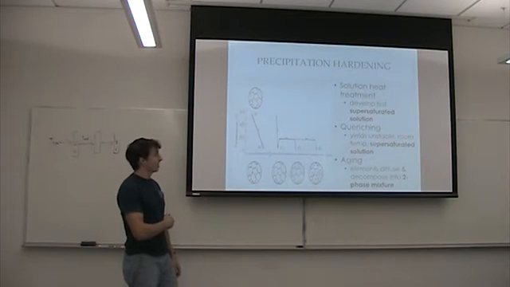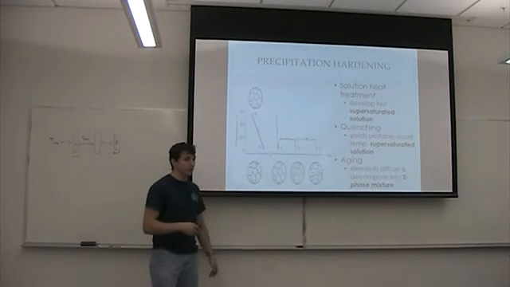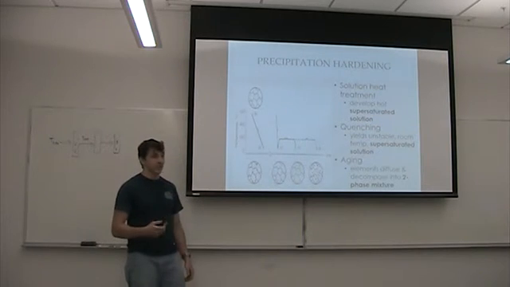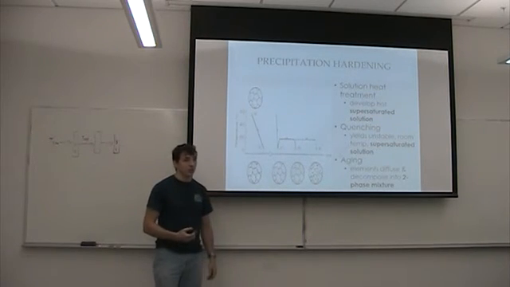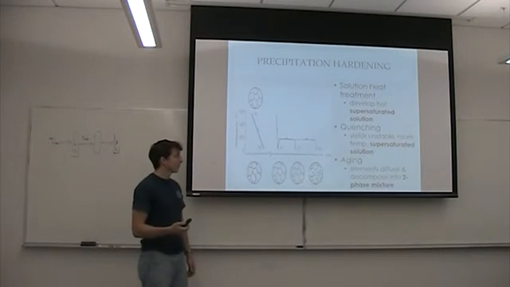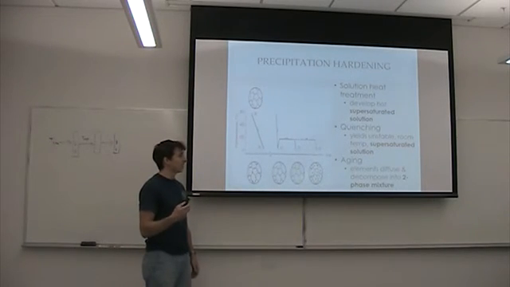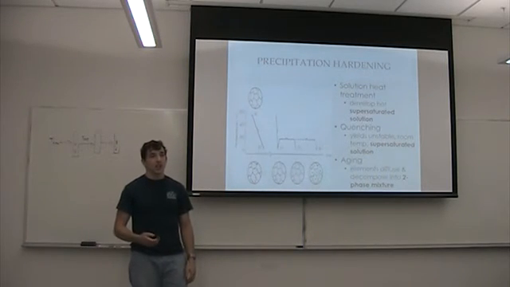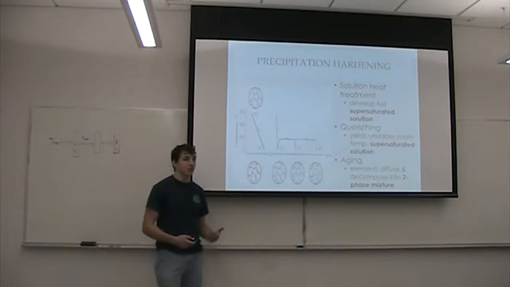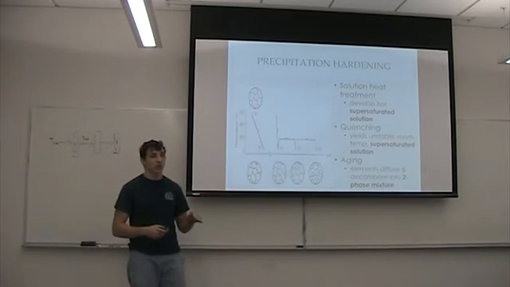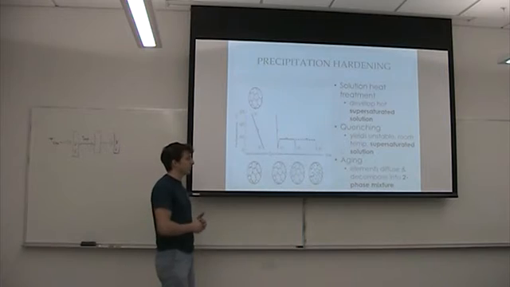And then lastly, precipitation hardening. So when you solution heat treat something, you are creating a supersaturated solution. And what that means is it's unstable. What you can do afterwards is you can quench it, and that keeps it in the unstable state. And it will mostly retain that microstructure, but it'll kind of degrade over time a little bit, exponentially so.